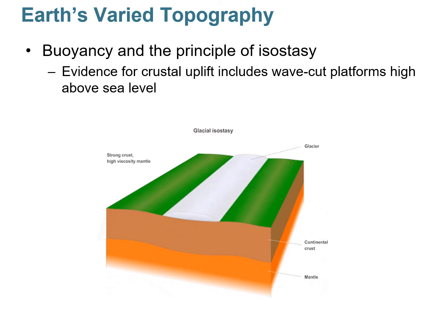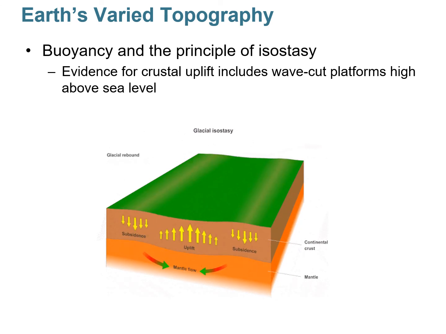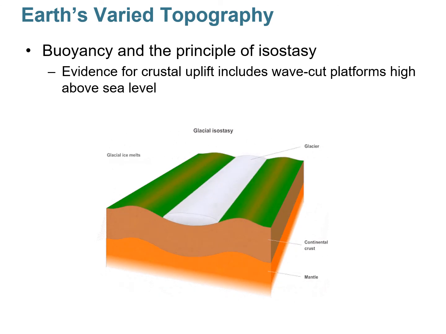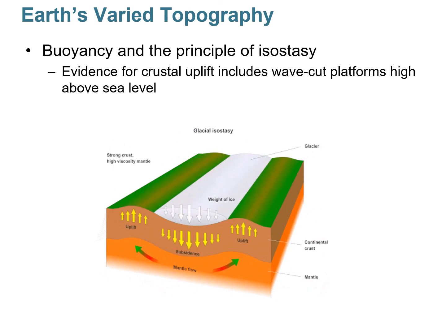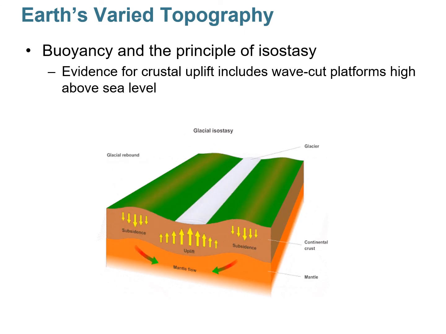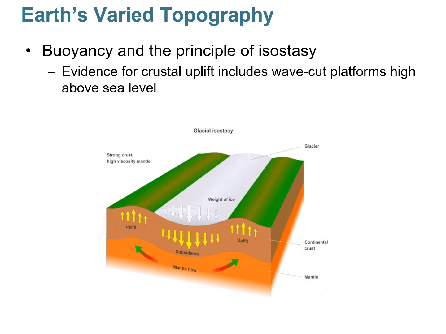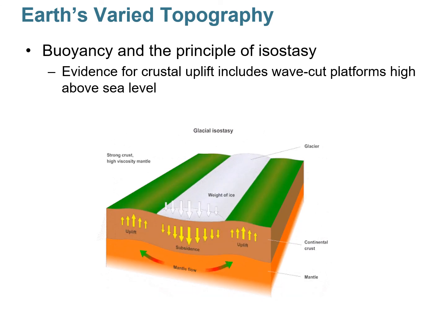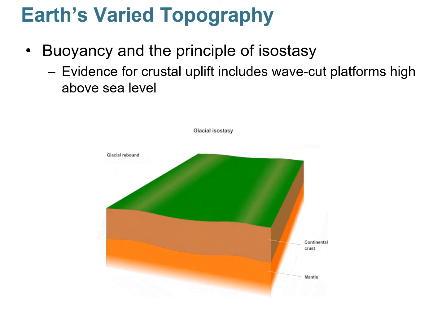Like the ocean will erode continental margins and create wave-cut platforms that are very flat. But in a lot of areas, we can see multiple wave-cut platforms above sea level. So there's evidence that in certain areas, maybe because of plate tectonics, there's crustal uplift.